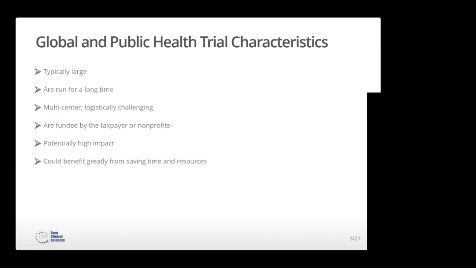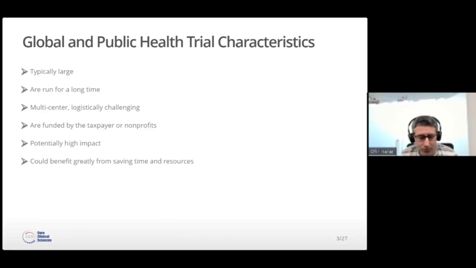In terms of impact, typically those trials are conducted at the population level and do not focus on a small segment of the population like many pharmaceutical trials. So the impact is potentially very high. For all of these reasons, I think it is worth doing all we can to save on time and resources. And that's exactly what we are here to do.